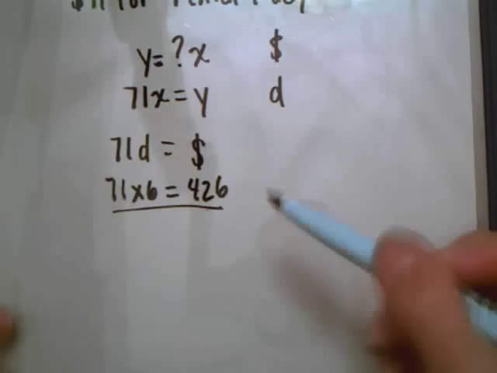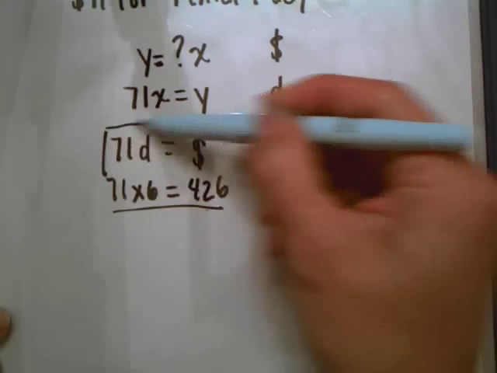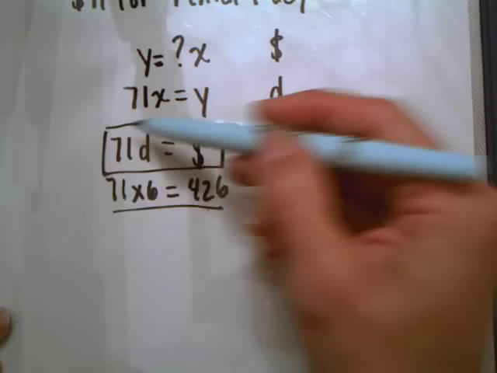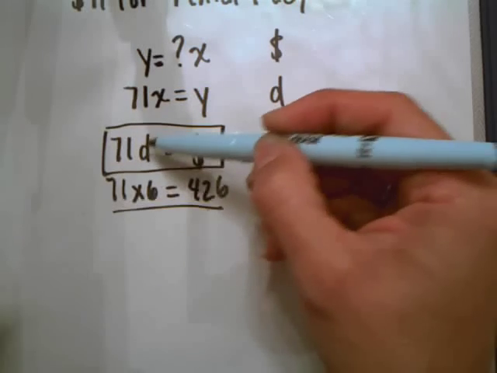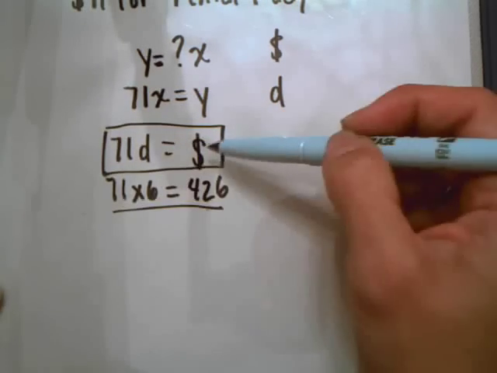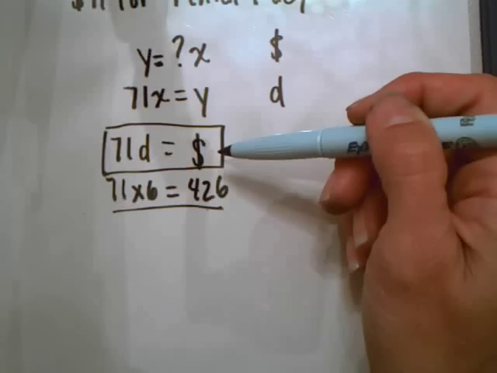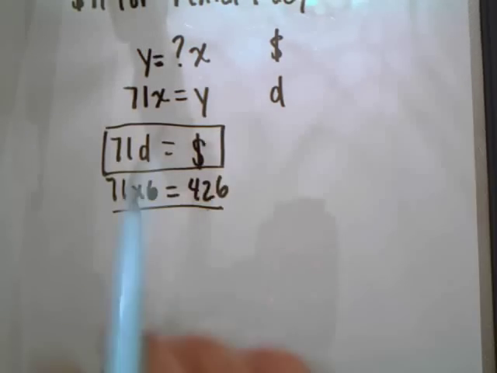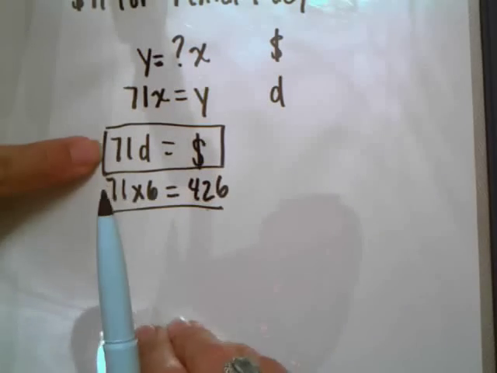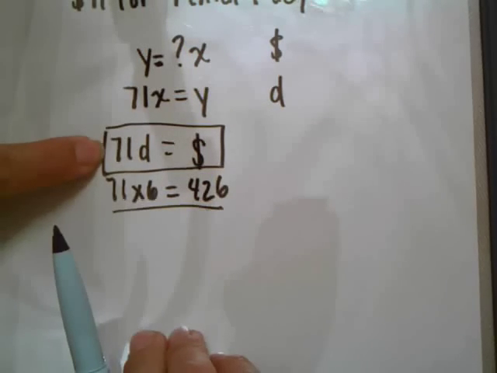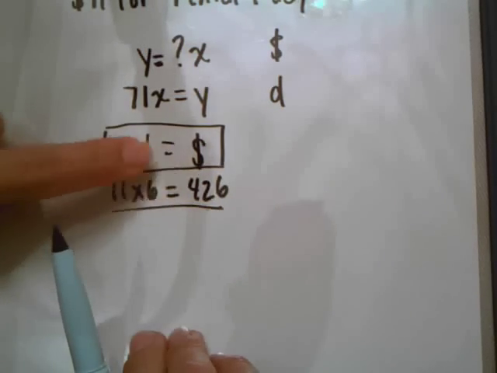The easiest way to do it is, once you have your formula, see if it works, because now I can replace this D with anything, and it's still going to give me the correct total cost for renting a car. So if I want to test this formula, 71 times D is going to equal the total cost.